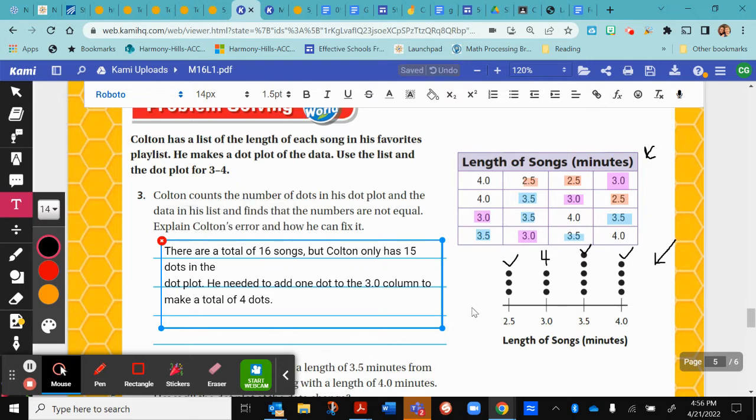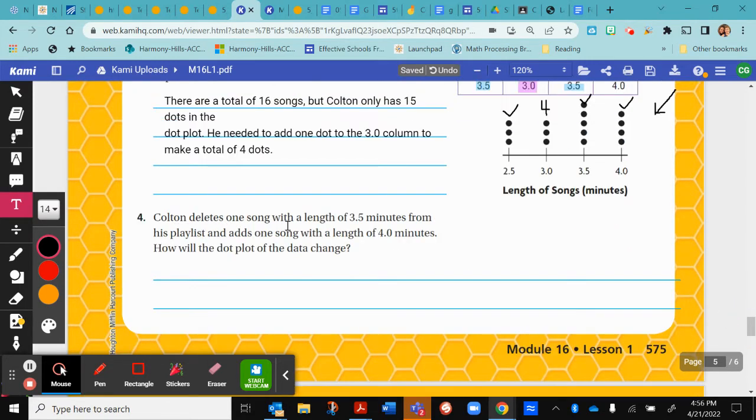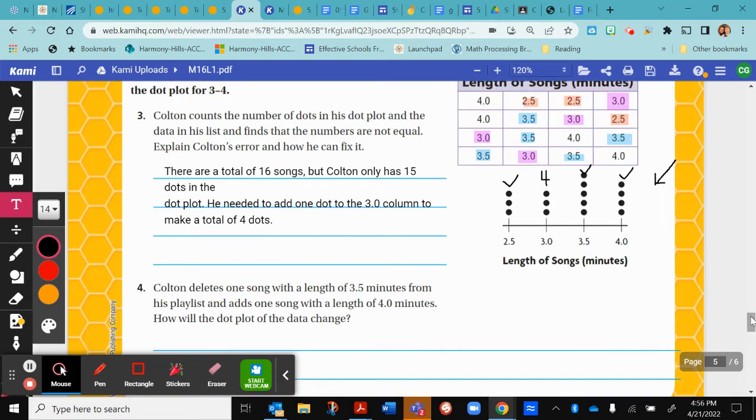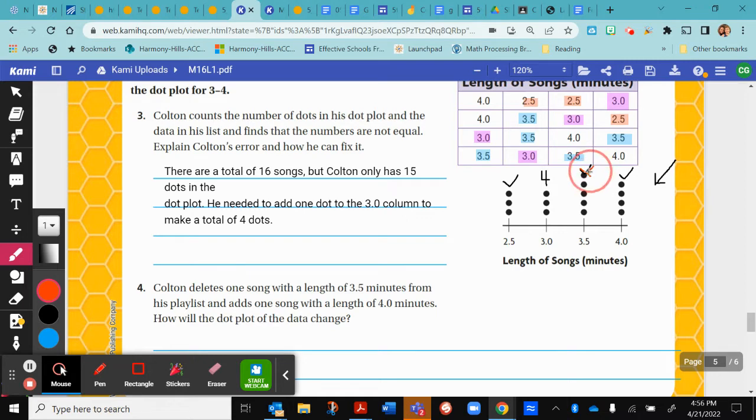Let's move to the next one. Colton deletes one song with a length of 3 5/10 minutes from his playlist. So I'm going to show that. So that's 3 5/10. So I'm going to go ahead and use this red, and I'm going to mark 1 out. He deletes 1 song and adds 1 song with a length of 4 minutes.